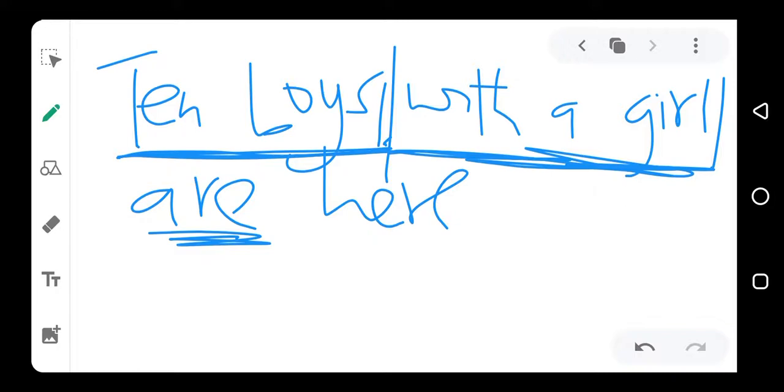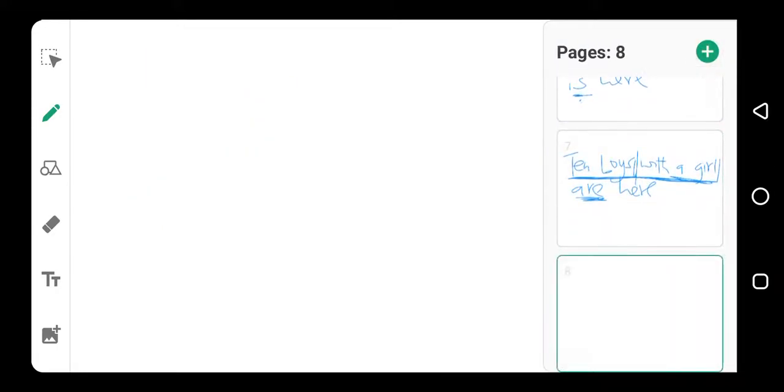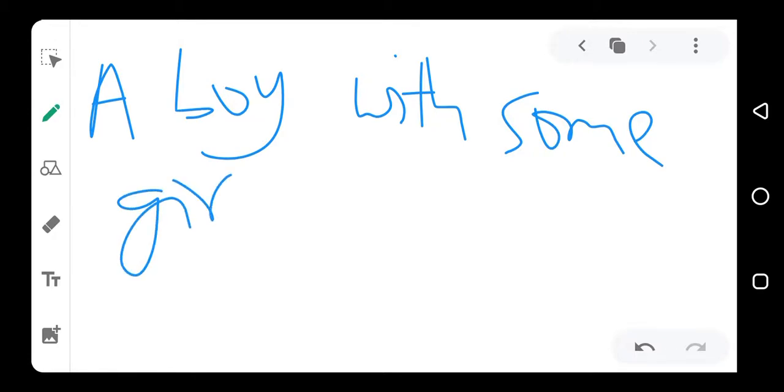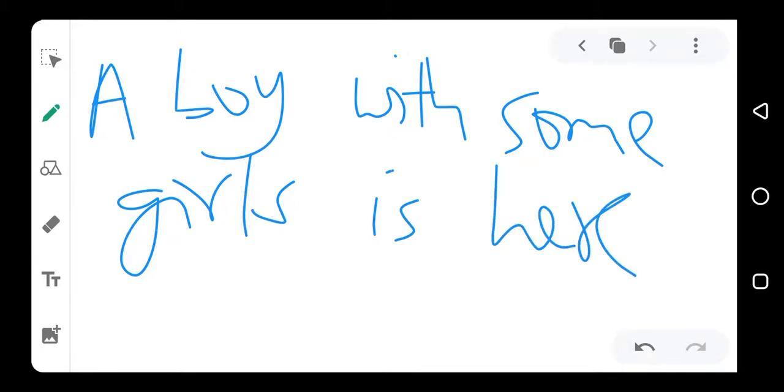Another example: A boy with some girls is here. A boy, this is the main subject.